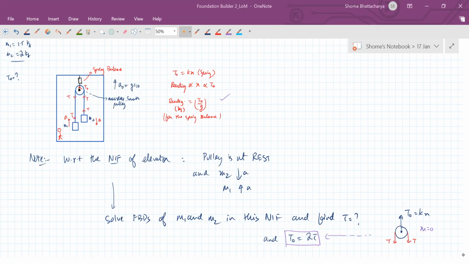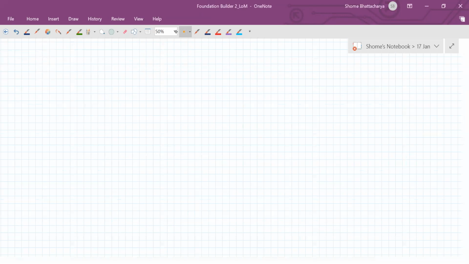Okay, so let's see the free body diagrams in the non-inertial frame. Just making that. So in the non-inertial frame of the elevator, that frame itself is going up with an acceleration of a naught, and a naught is given to us as g by 10. M1 is 1.5 kg, M2 is 3 kg.